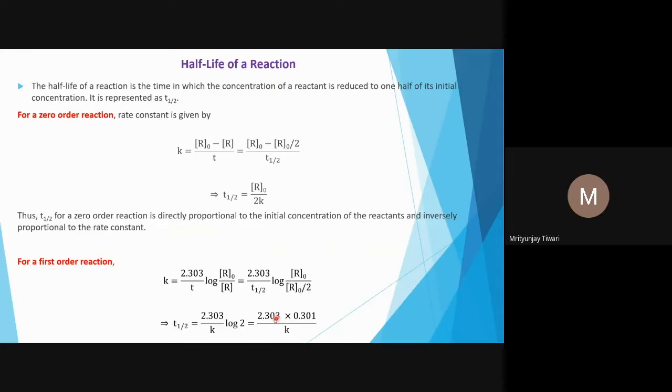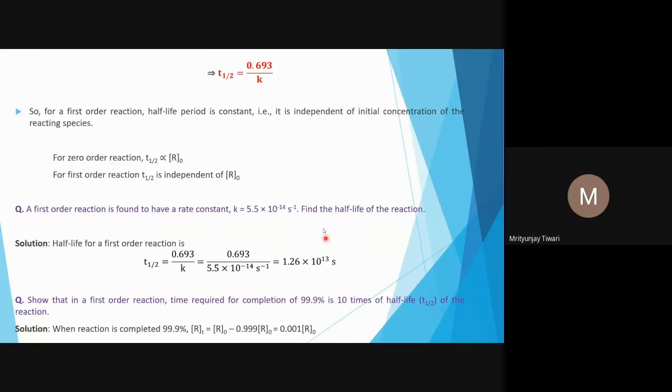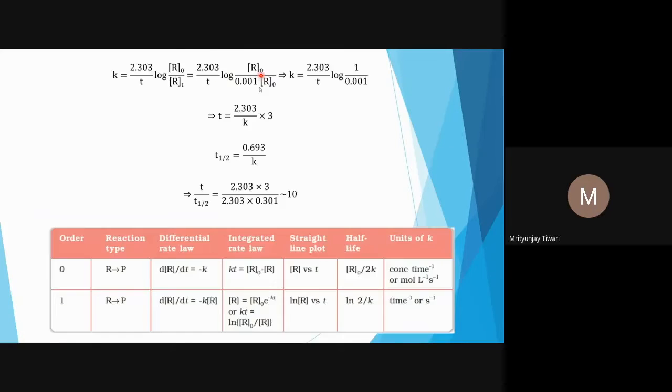So this value one can put here. t divided by t half will be equal to 2.303 into 3 divided by 0.693, and this K will be cancelled out. 0.693 is 2.303 into 0.301, and this 2.303 will be cancelled out.